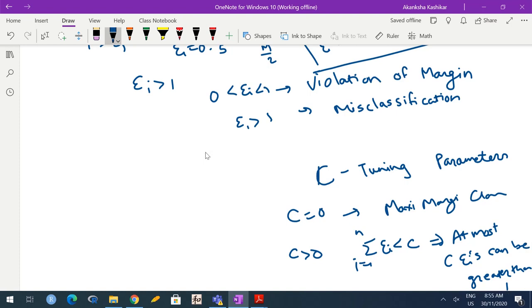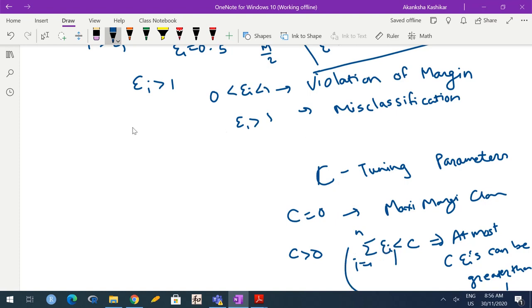So what happens is, this C becomes an upper bound on how many violations are allowed or up to what severity they are allowed. If epsilons are between 0 and 1, still, if we want the sum to be less than C, then up to what extent margins can be violated?